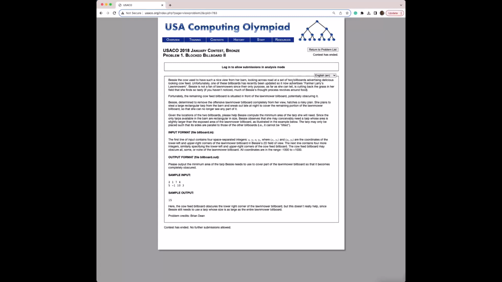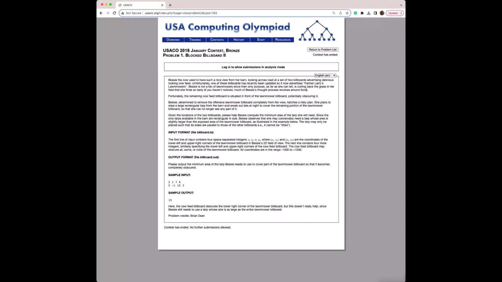The first billboard advertises something that Bessie does not want to look at, and the second one, which is in front of the, we'll just call it the bad billboard, is advertising something Bessie does like to look at. So we're basically going to try to find the amount of tarp Bessie needs to use to cover the billboard that Bessie does not want to look at.